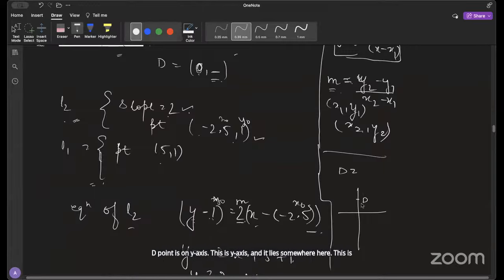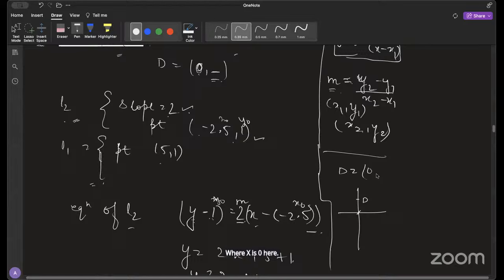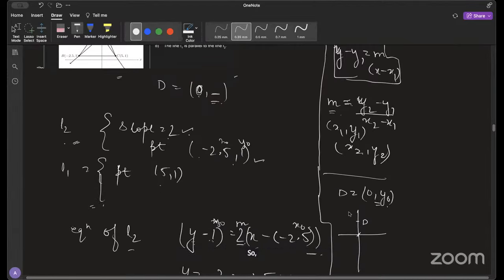This is D point. That means your x is 0 here. So D should be of this form. And D is the point that lies on this line, L1 and L2 both. So D lies on the intersection of L1 and L2. That means D is on L1 and it is on L2 too.